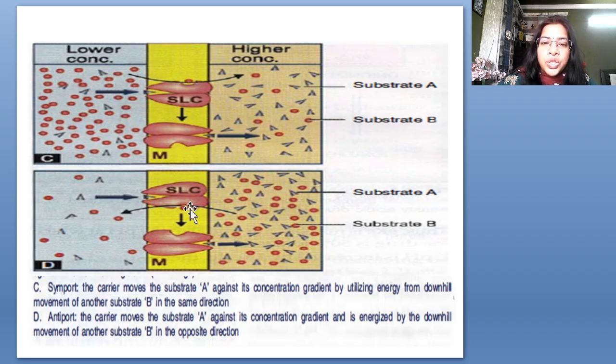And in picture D, we can see it is an antiport, where the carrier moves substrate A against its concentration gradient and is energized by the downhill movement of another substrate B in the opposite direction. So in symport or antiport, both these transporters use downhill energy from another substrate, but the movement is against the concentration gradient. In symport, both substrate A and B travel in the same direction, and in antiport, substrate A and substrate B travel in opposite directions.